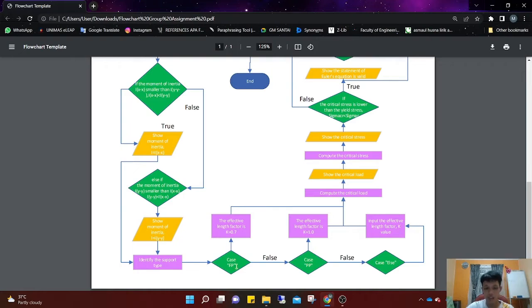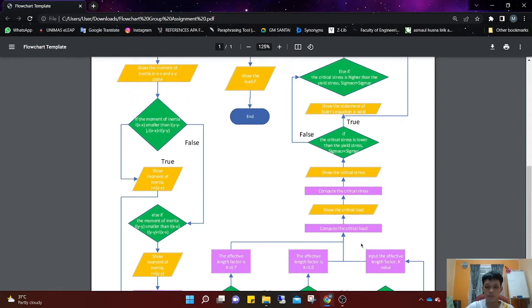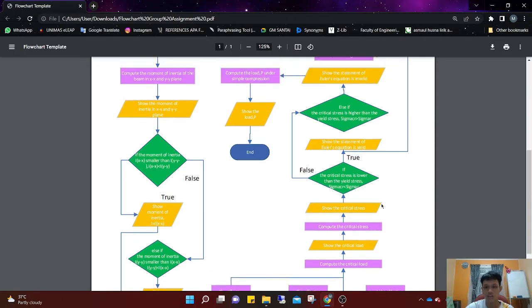Then if the case is FP, K equal to 0.7, and if the case is PP, K equal to 1.0, and else, input the value of K, then compute the critical load, show the critical load, compute the critical stress, and show the critical stress.